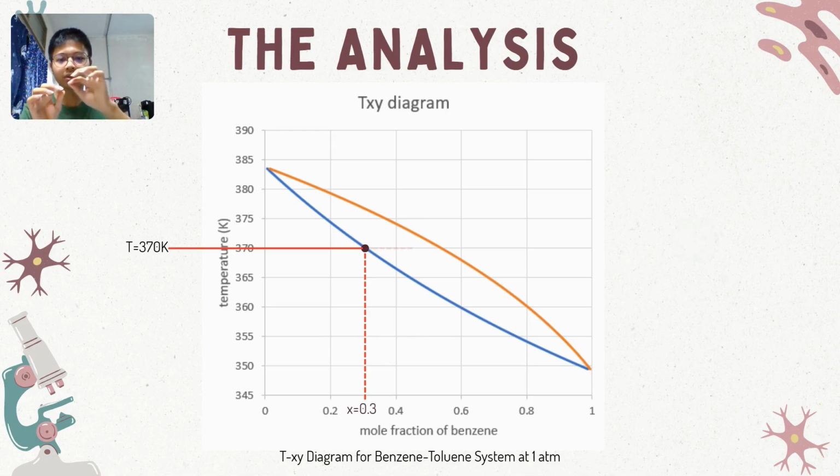And then continue drawing another straight line touching the orange line, and then we'll draw down, and we will get y equals 0.54, which means that at 370 K, the distillation column feed needed 0.3 mole fraction of benzene in order to achieve 0.54 at the top of the benzene column.